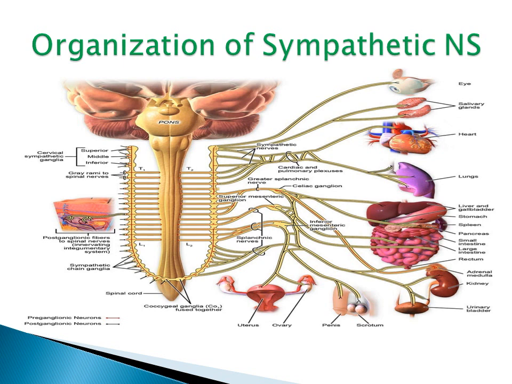Now we move on to the prevertebral ganglia or collateral ganglia, which are present in the thorax, abdomen, and pelvis, in relation to the aorta and its branches, and these ganglia receive the preganglionic fibers from the T5 to L2 segments of the spinal cord.